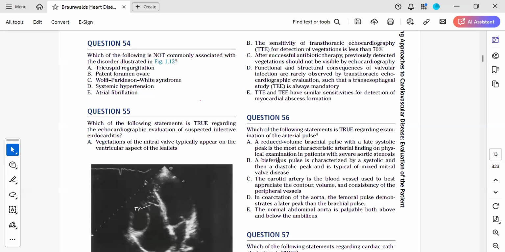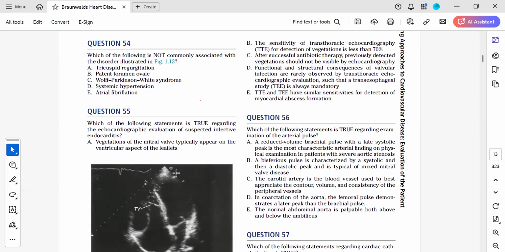B, a bisferiens pulse is characterized by a systolic and then a diastolic peak and is typical of mixed mitral valve disease. C, the carotid artery is the blood vessel used to best appreciate the contour, volume, and consistency of the peripheral vessels.